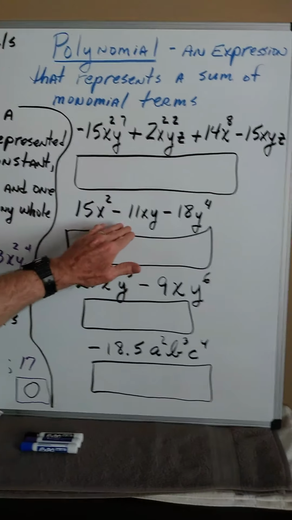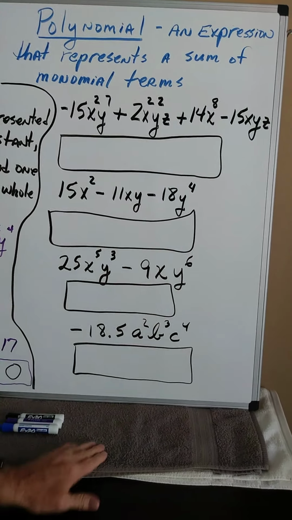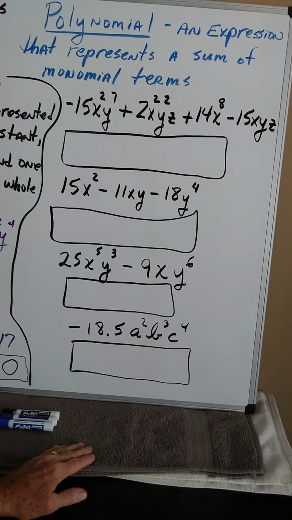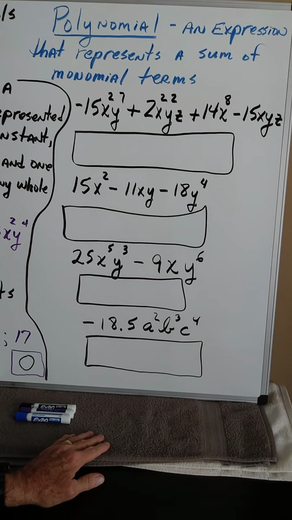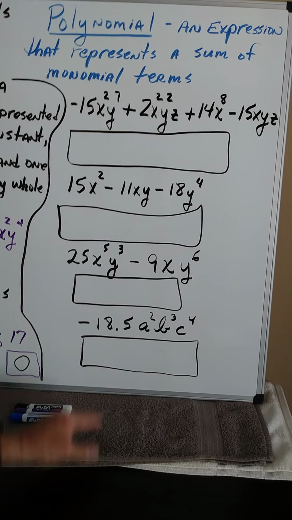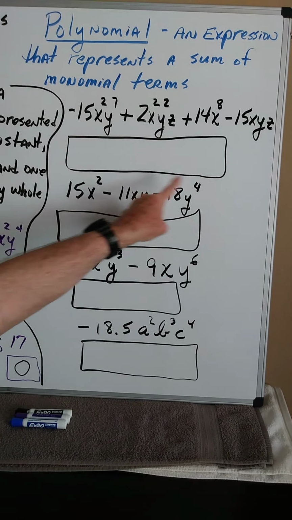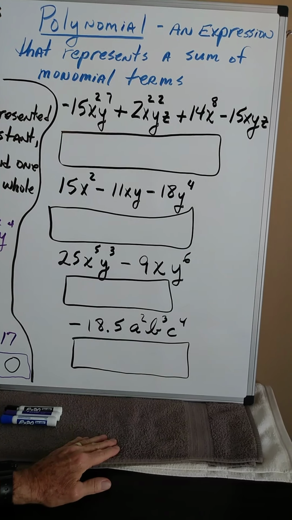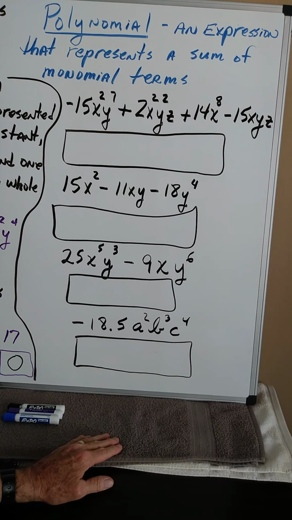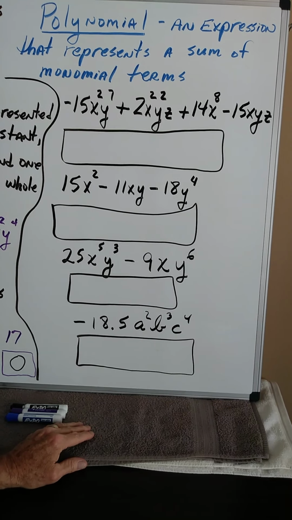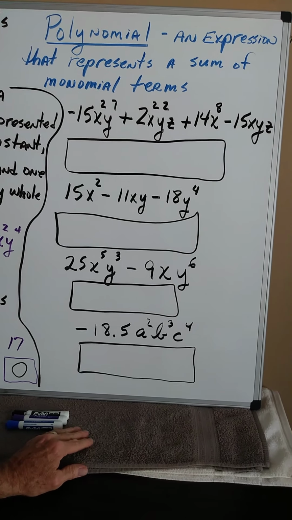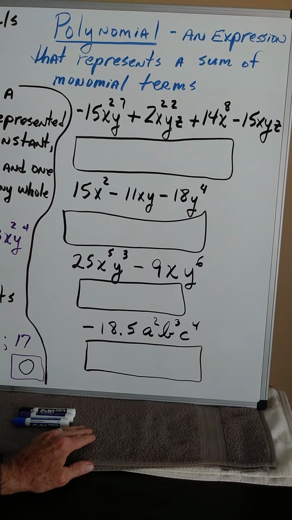Let's go down to the second one. It is a polynomial as well. Let me just read it. 15x squared minus 11xy minus 18y to the 4th. It is just as much a polynomial as the one up above that we already covered. But this polynomial has a special name that's given to it.